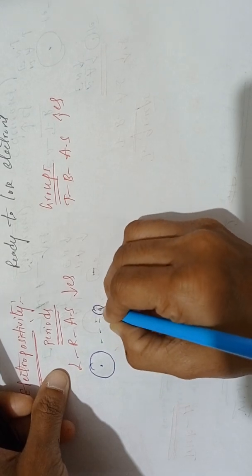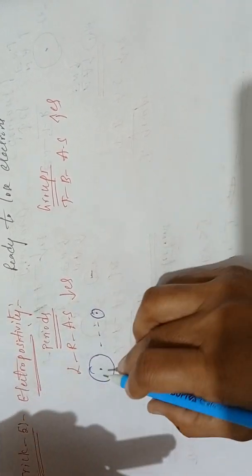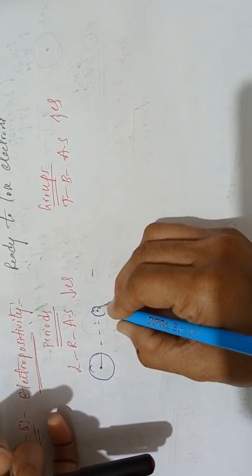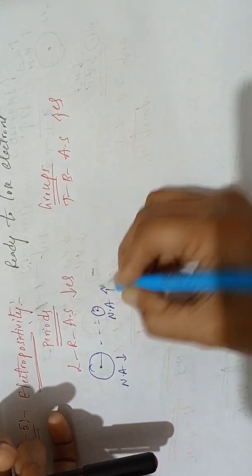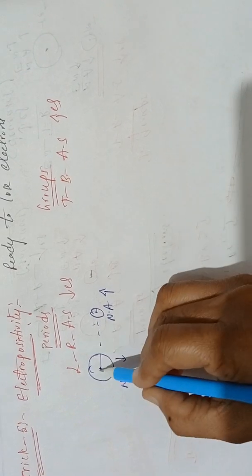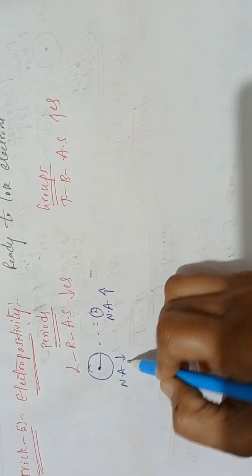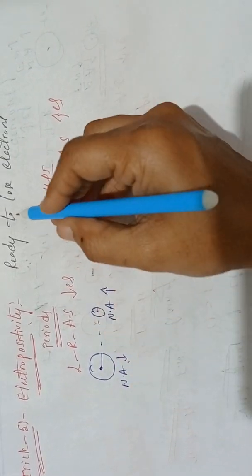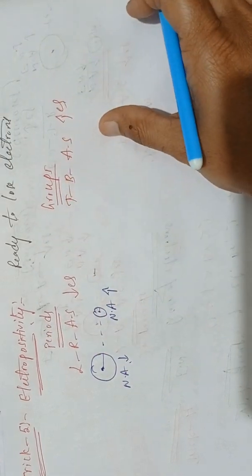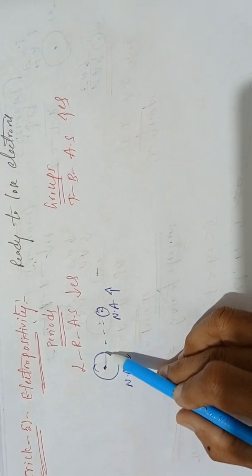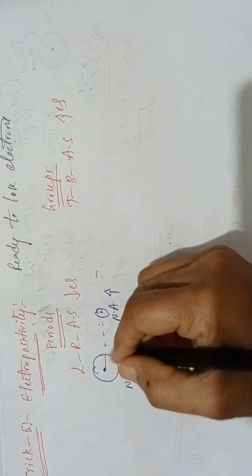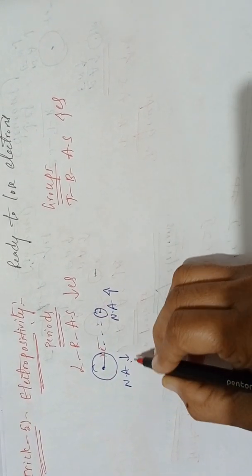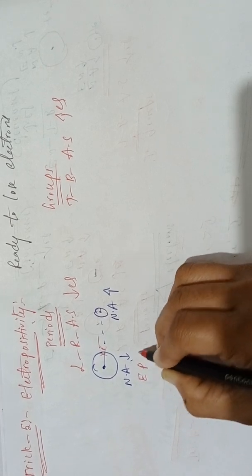Atomic size decreases, so on one side nuclear attraction is less and on the other it is more. Where nuclear attraction is less, the atom is ready to lose electrons. Electropositivity is being ready to lose electrons. Attraction is less, so it is ready to lose an electron, so electropositivity is more.